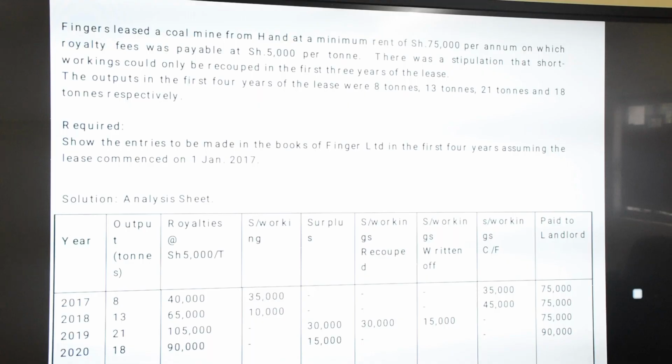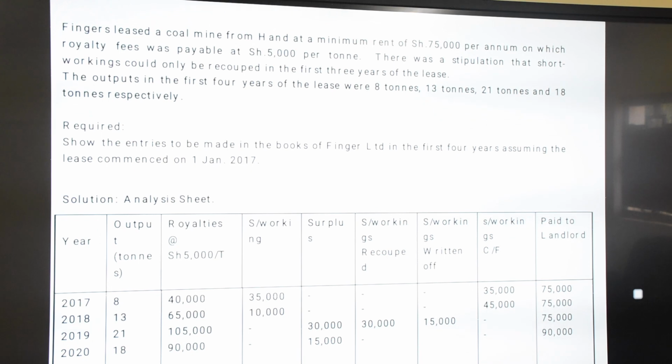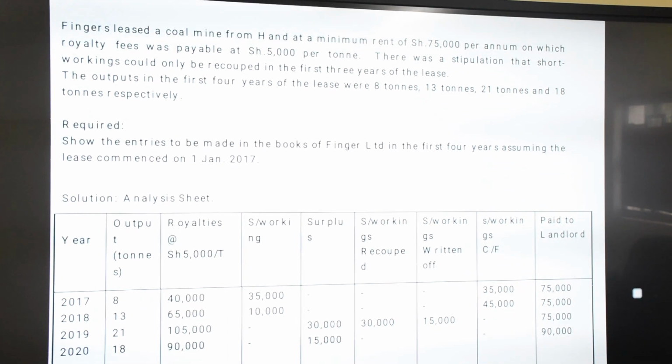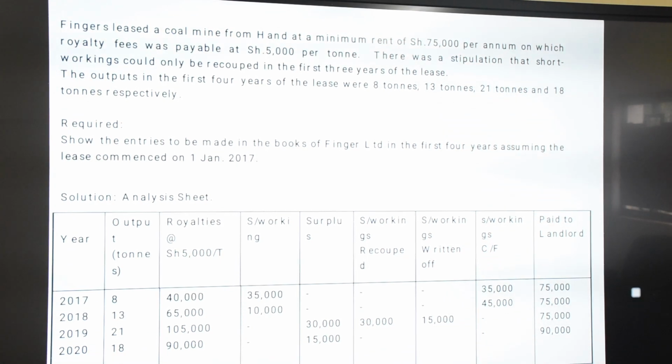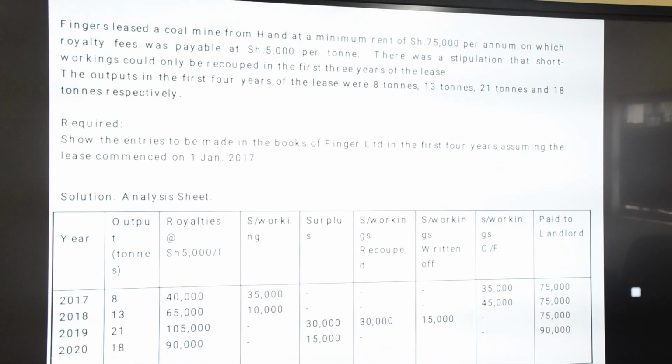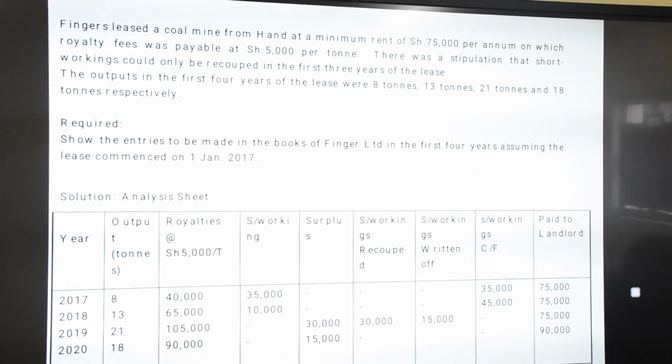So in this question, to help us understand more about the terminologies and concepts that we have used, we have a question that says that Fingers leases a coal mine from Hand at a minimum rent of shillings 75,000. To begin with here, Fingers is a tenant and Hand is the landlord.